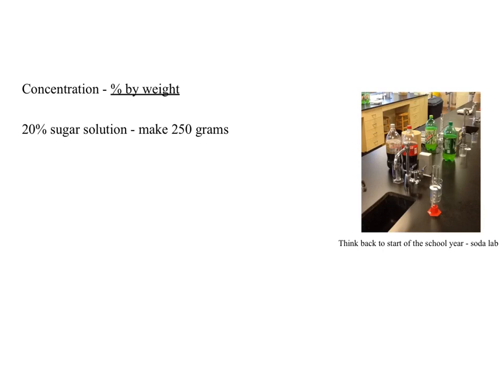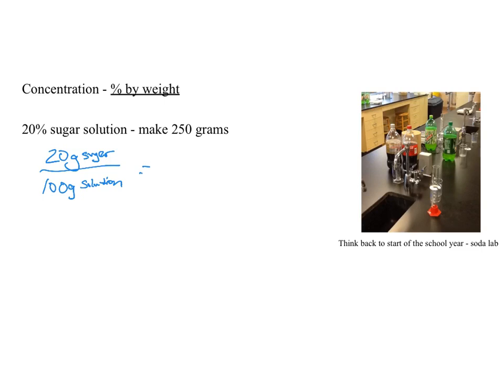Well, the first thing that we need to be aware of is that a 20% sugar solution is basically 20 grams of sugar out of the 100 grams of solution.